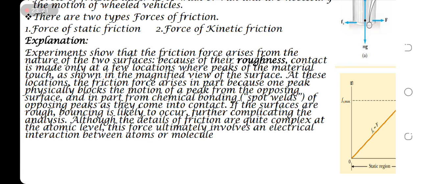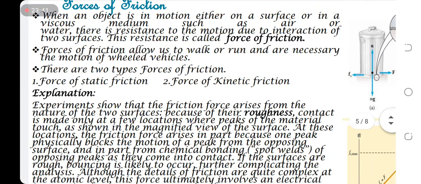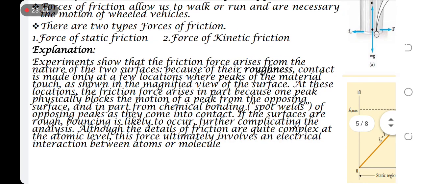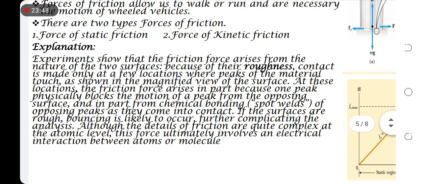At these locations, the friction force arises in part because one peak physically blocks the motion of a peak from an opposing surface, in part from the chemical bonding, meaning spot welds of opposing peaks as they come into contact.